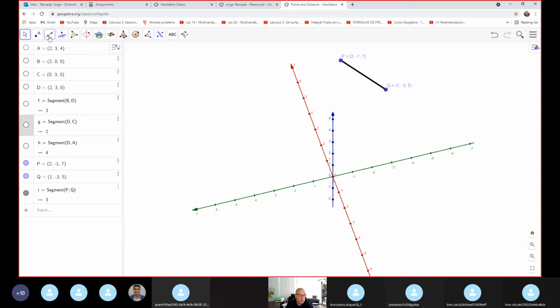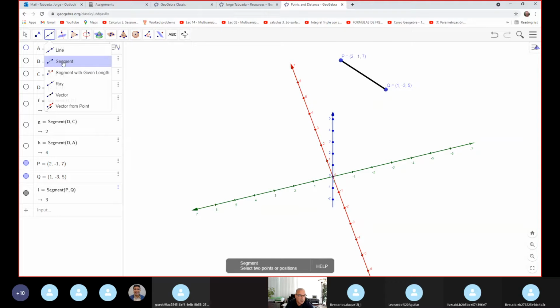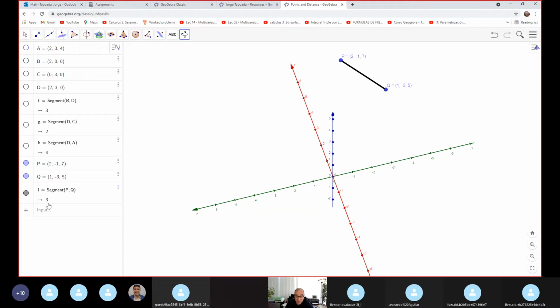You click here on this icon and you select segment. And the segment is in between 2 points. I select the points. You can do it geometrically here. P, select the first point and the second point. And here you see in the algebra part the segment length, the distance between P and Q is 3.